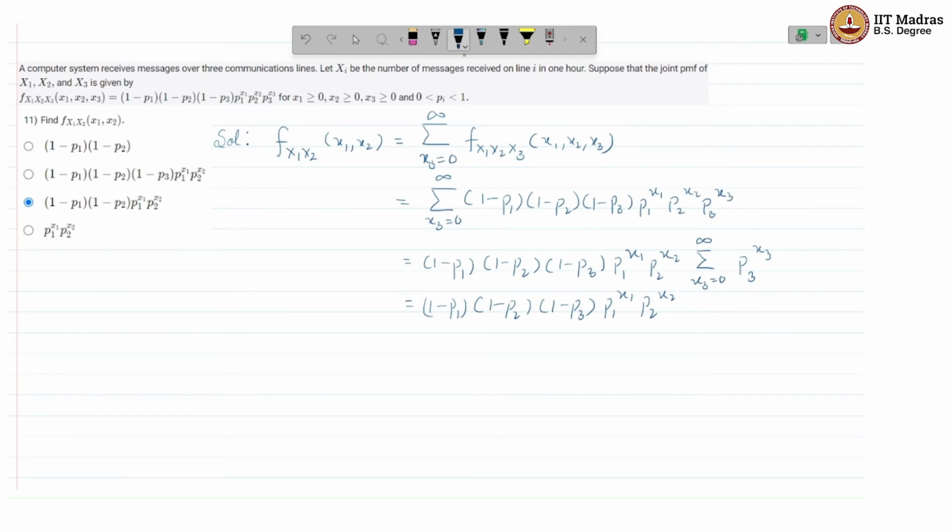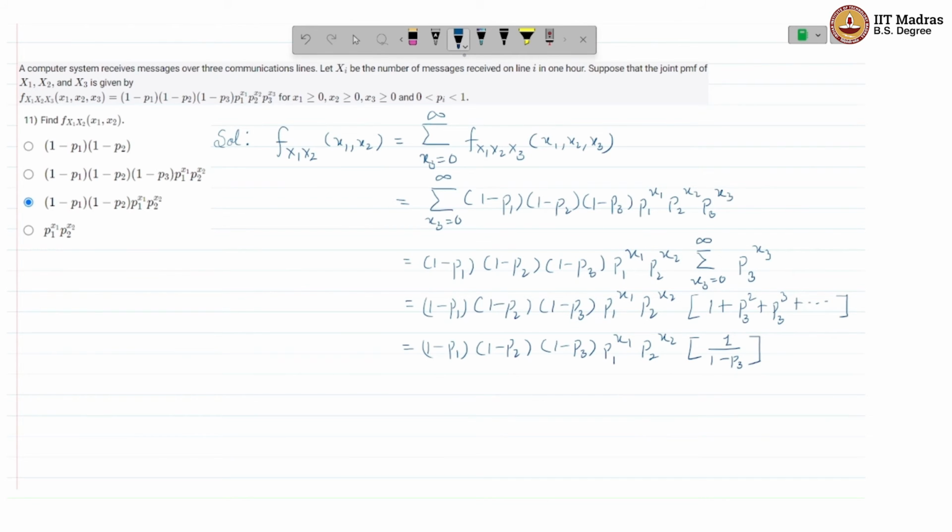Now, this is an infinite GP series, so this will be 1 plus p3 plus p3 raised to the power 2 plus p3 raised to the power 3 and so on. Using the infinite GP formula, on simplification we get (1 minus p1)(1 minus p2)(1 minus p3) p1 raised to the power x1, p2 raised to the power x2, times 1 by 1 minus p3.